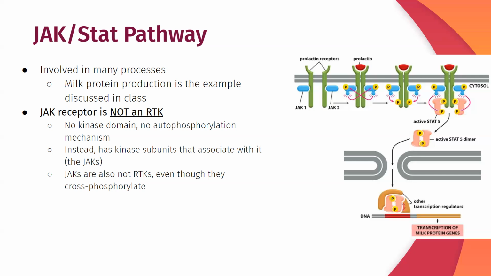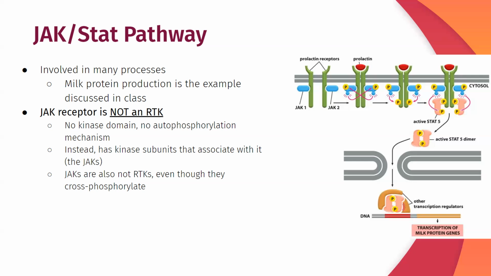And so once cross-phosphorylation occurs, then the JAKs will phosphorylate their own receptor molecules. And then once that happens, the inactive STAT will be able to bind onto the phosphorylated receptor through its SH2 domain, which is the phosphotyrosine binding domain.